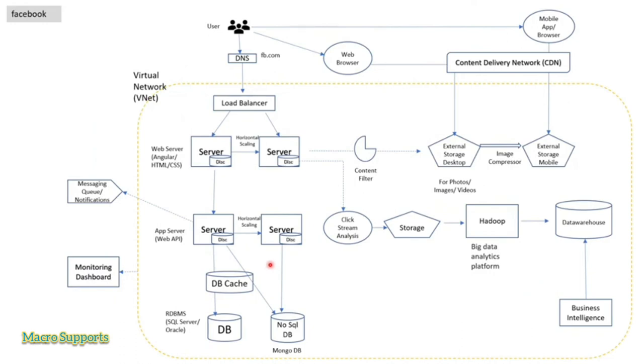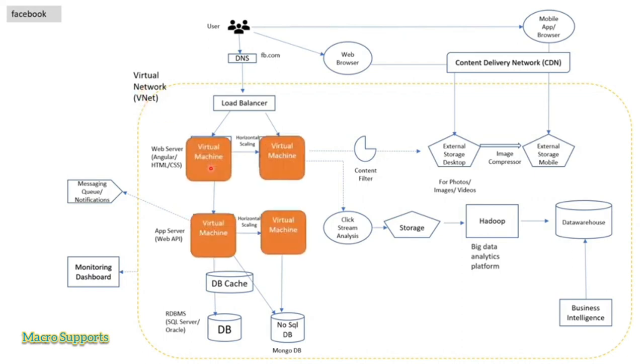In Azure, the private network will be replaced by a virtual network, which we also call VNet. Then the servers will be replaced by virtual machines, which are assigned by the Azure cloud. Then the disk storage is replaced by Azure Disk Storage for caching and processing frequently requested data. These have a limited size.